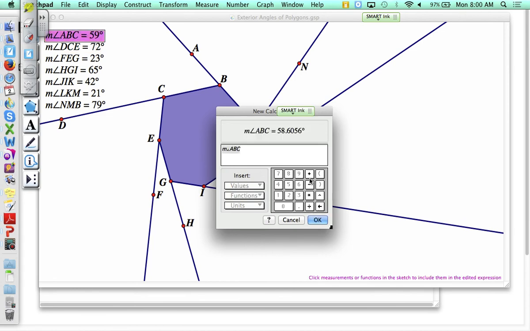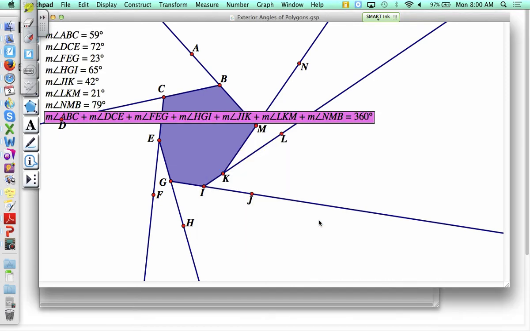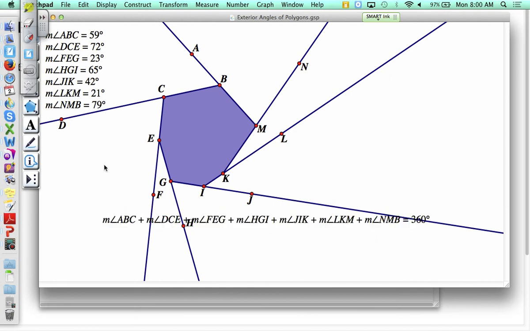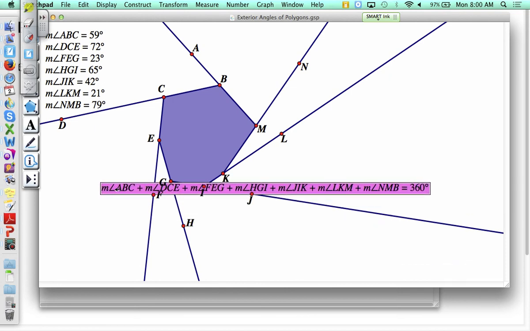So this plus this plus this, that, and those exterior angles, notice, add up to 360 degrees. Now, in and of itself, that's a very special number to us already, but does it change? Because this is a heptagon.